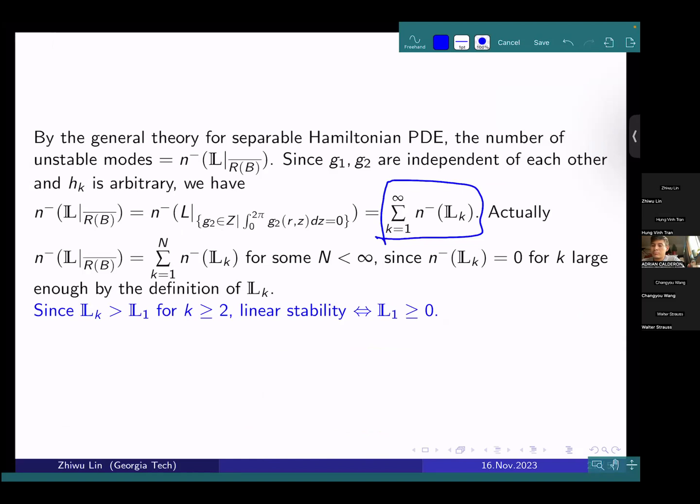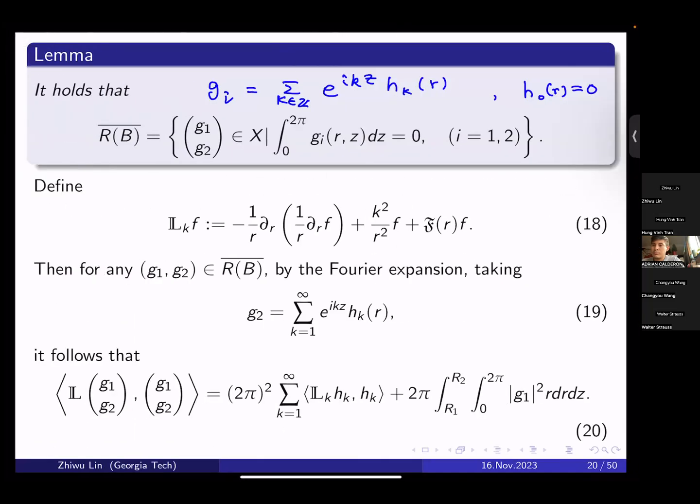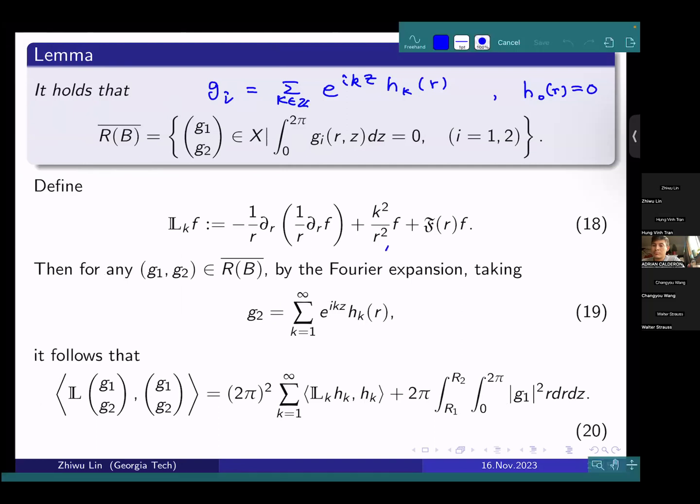Okay, now LK is this kind of ODE operator, and this ODE operator only differs by K. So K is from 1 to 3, and so on and so forth. So if you look for the unstable modes, if you look for the negative eigenvalues of this operator LK, you only need to look at K equal to 1, right?